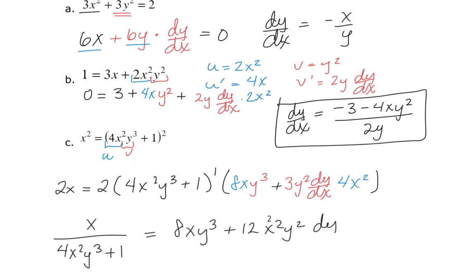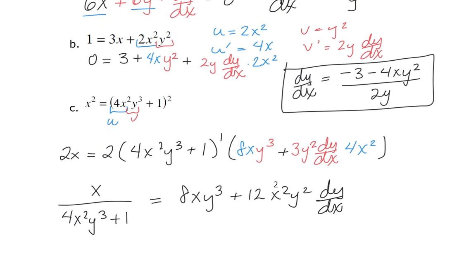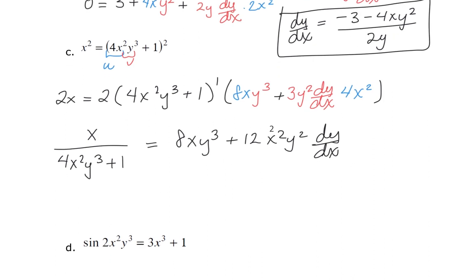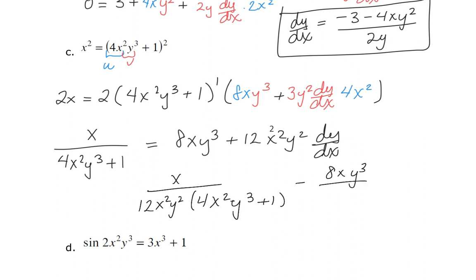squared dy/dx. So now I'm going to subtract 8xy cubed and then divide by 12x squared y squared. So I have x over 12x squared y squared times 4x squared y cubed plus 1, minus 8xy cubed over 12x squared y squared, which is equal to dy/dx.